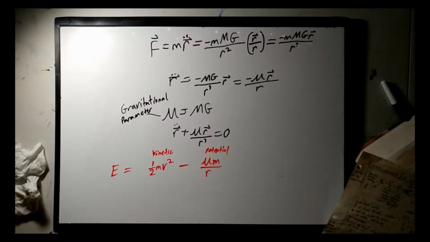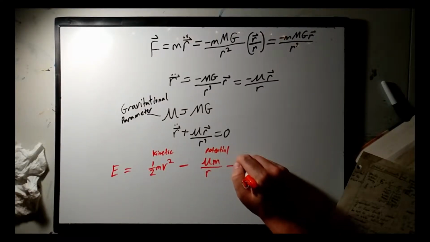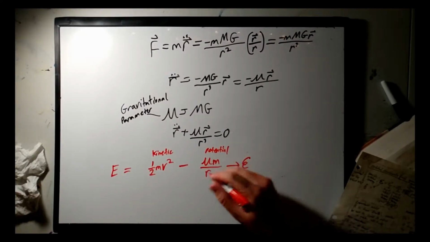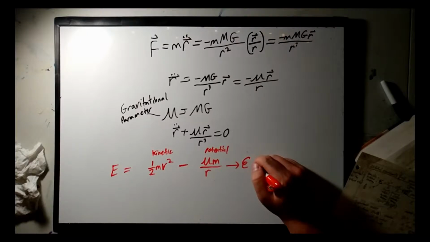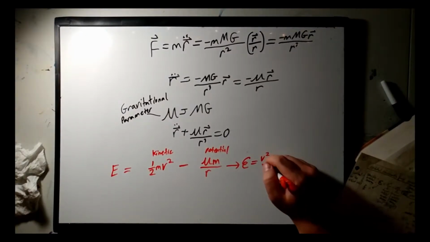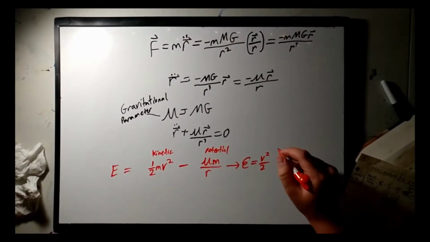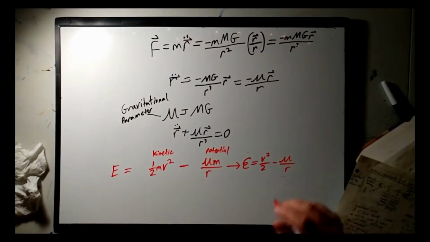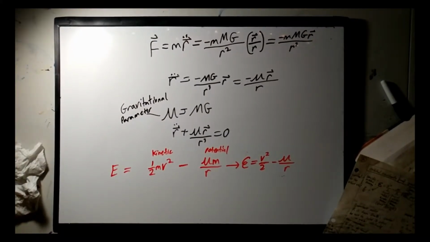So we can go ahead and divide everything by a little m to get epsilon, which is just E divided by m, equal to v squared over 2, so our orbital velocity, minus mu over r. So our specific orbital potential energy and our specific orbital kinetic energy.